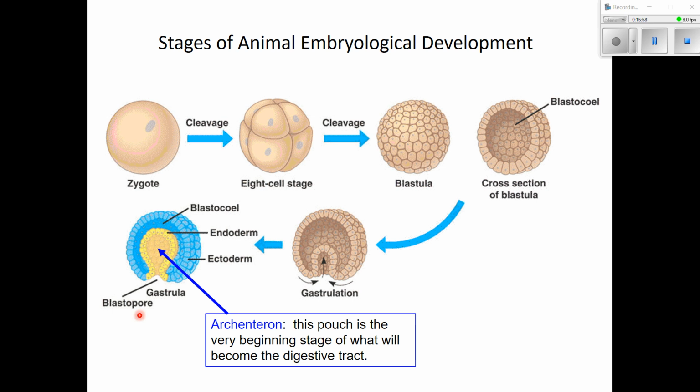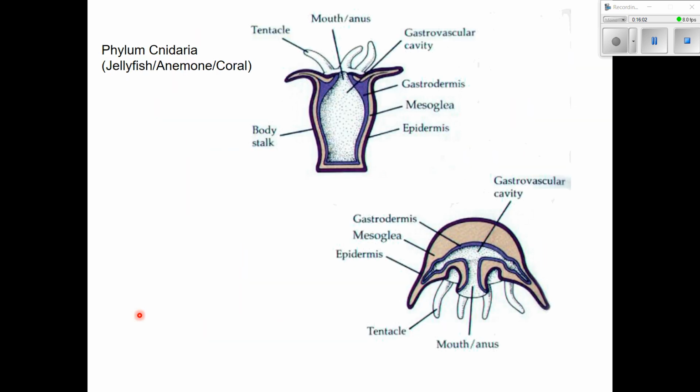And you say, well, what animals don't? Well, I might have a picture here. Let's see. Yeah. So there's two groups of animals, phylum Cnidaria, which is jellyfish, sea anemones, coral, the little animals that form coral reefs, and also phylum Platyhelminthes, which is the flatworms, like tapeworms.